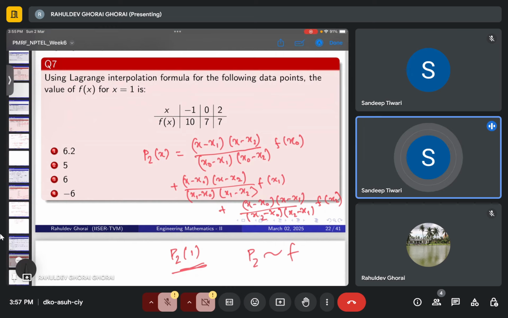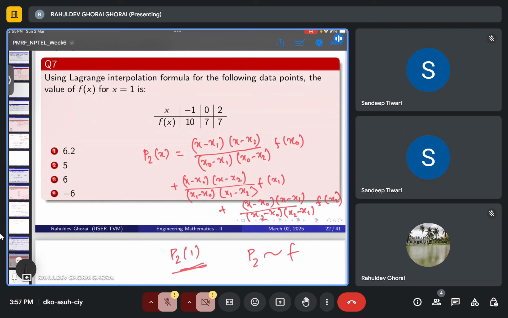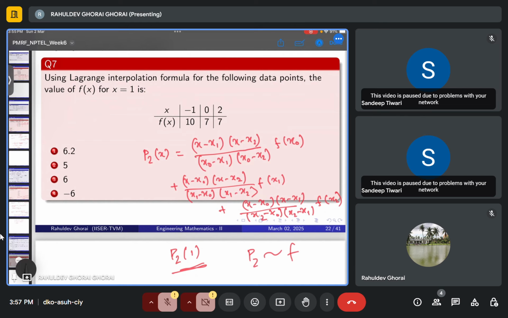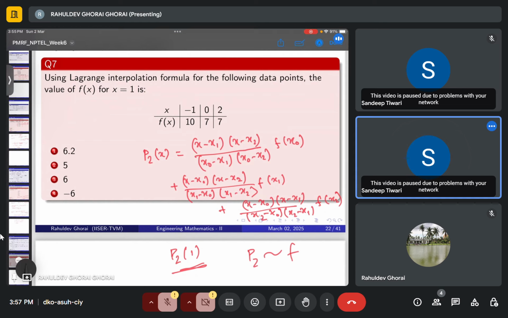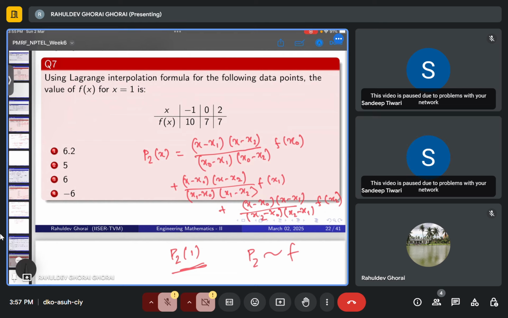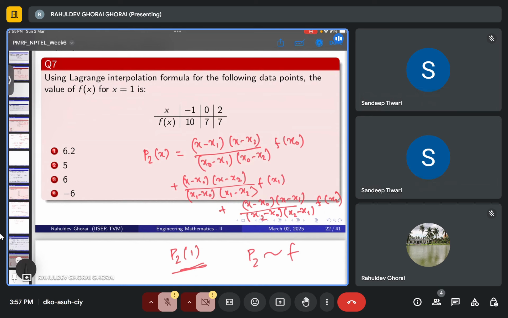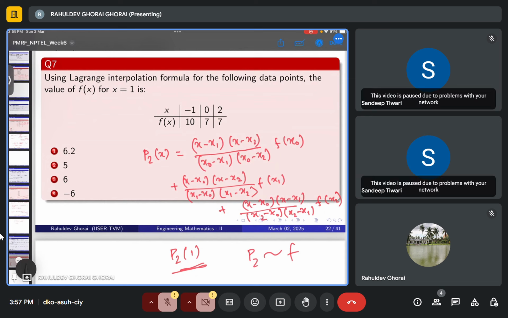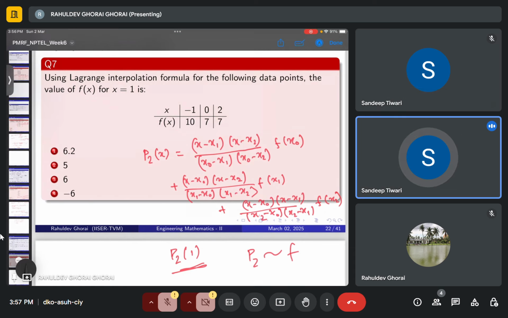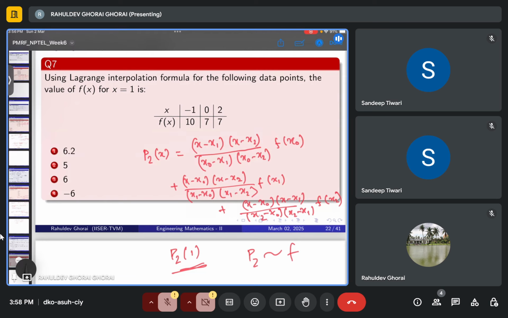The first term, it will be like this only, right? Yes, it's correct. I'll check once. Yes, sir, this is correct. Okay, then you use this and tell me what is the answer.